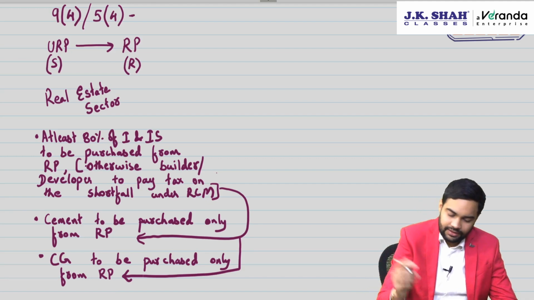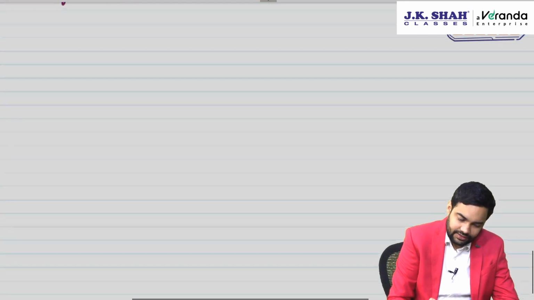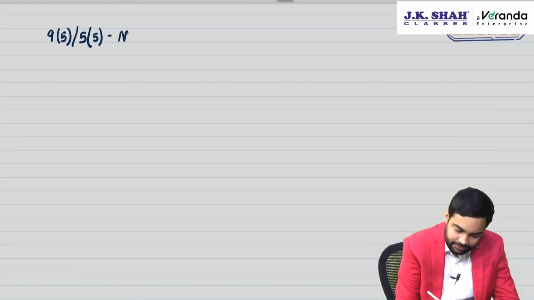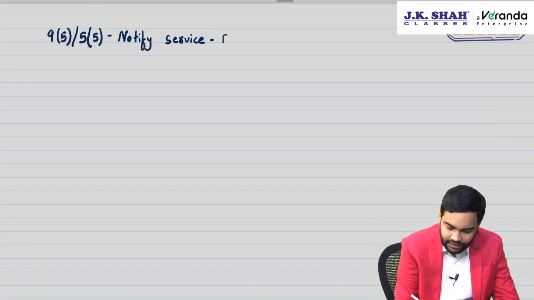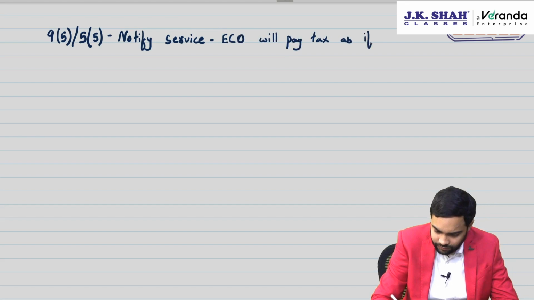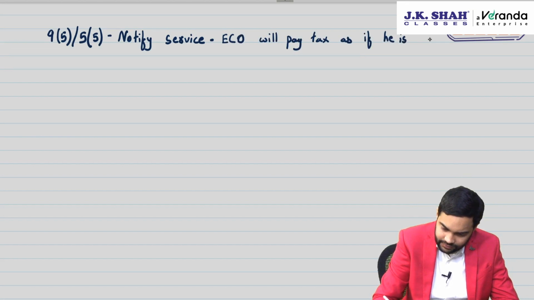Okay. Then we have a discussion on 9(5), notification 17/2017, where the government has the power to notify services on which the ECO will pay tax as if he is the supplier.